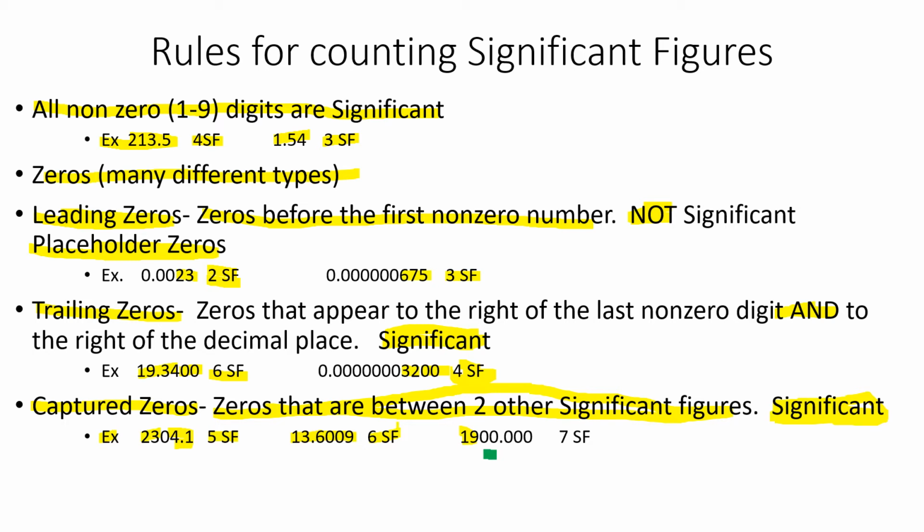These three zeros are to the right of the decimal place and to the right of the last non-zero number. So those are going to be trailing zeros. Those three at the end are significant. Now that those are significant, these first two zeros that we saw in the number are now going to be captured zeros and are going to be significant as well.